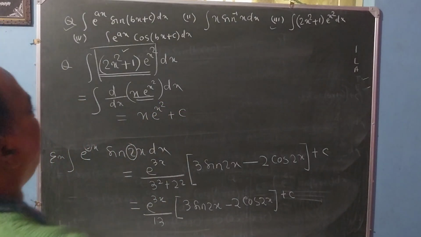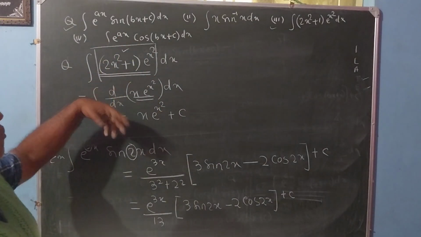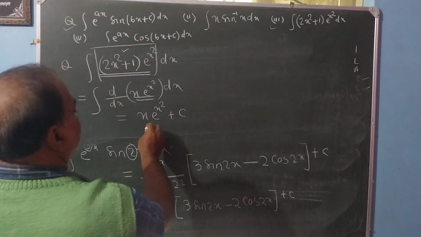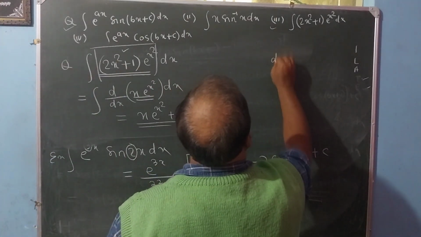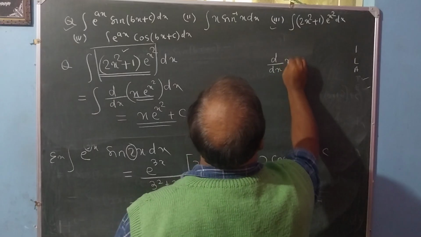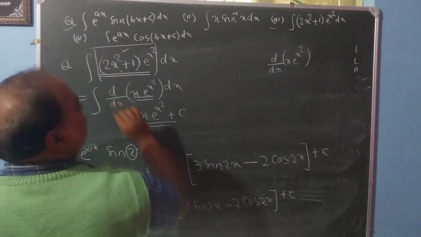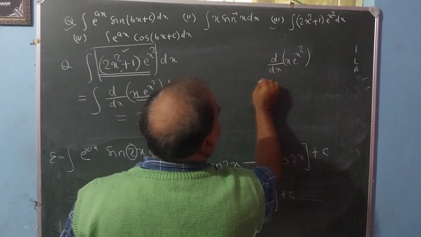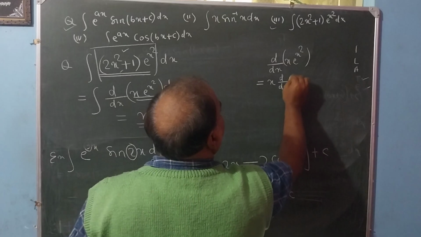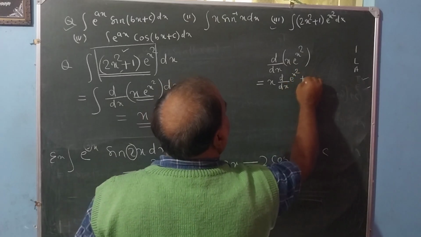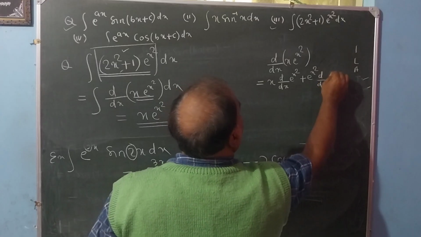Okay, so we know here it is a derivative. How to get the function? So that is the answer. You see here, d dx of x into e to the power x square. So the derivative must be equal to this. So first into derivative of second, e to the power x square, plus e to the power x square into d dx of x.